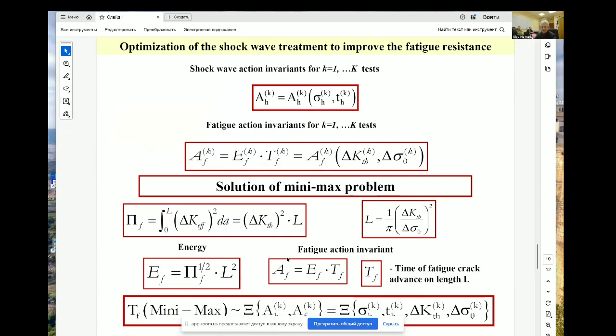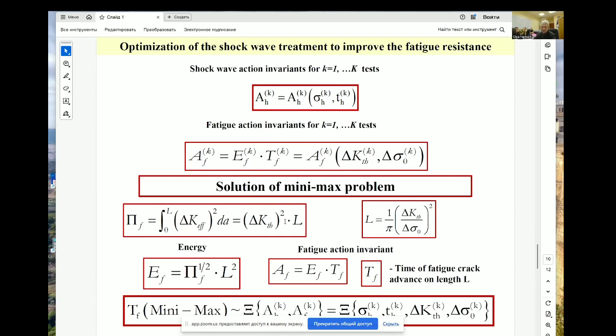And of course, after that, when we have the estimation of the shock wave invariant after the plate impact test and the fatigue invariant, we could formulate the minimax problem for the estimation of the maximal value of the characteristic time of fatigue crack advance after some cycle of experiments for different amplitudes of loads, and of course the corresponding definition of the parameter after fatigue test.